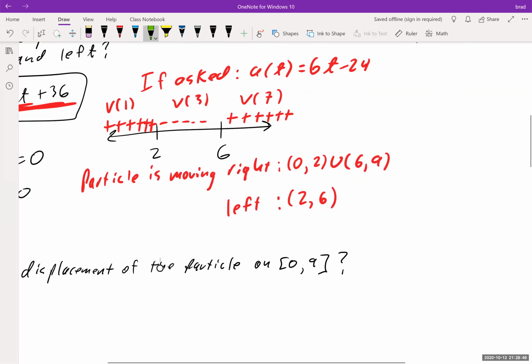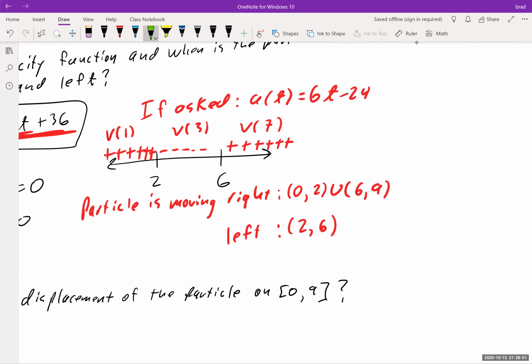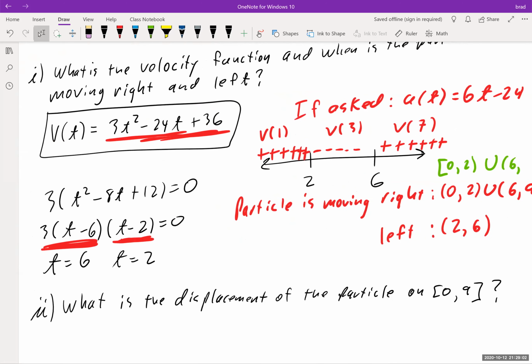I don't like to do it this way, but I do understand the point, where they would say from 0 to 2, union 6. And then when we plug 9 in, we get, let me do my calculator real quick. 3 times 81 minus 24 times 9 plus 36. And I get positive 63.